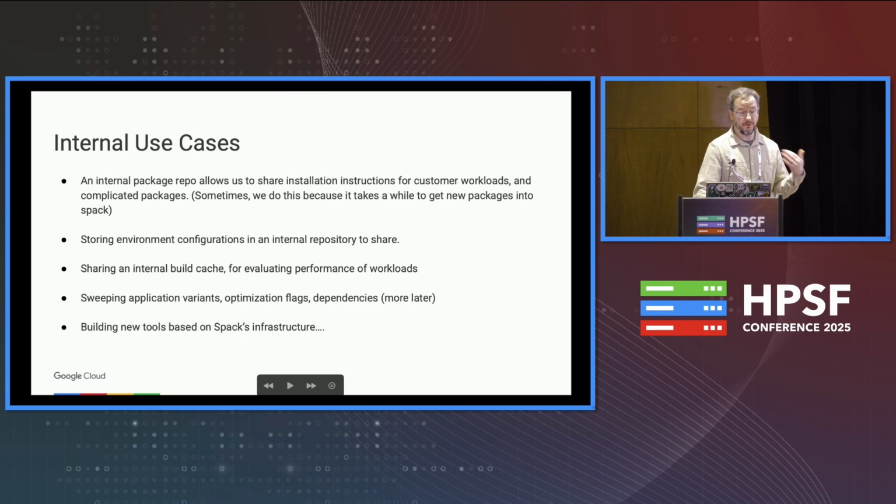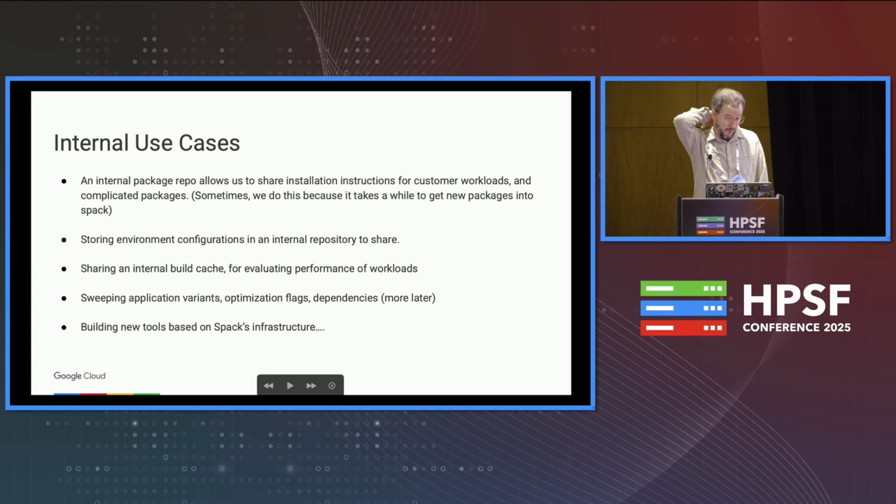Internally, we have an internal Spack package repo that we use to build customer applications that are maybe proprietary and can't be shared publicly, or some ISV apps that don't exist in Spack right now. And it helps us share these more as a team to describe how to install them without having to write a doc that we follow instructions for every time.